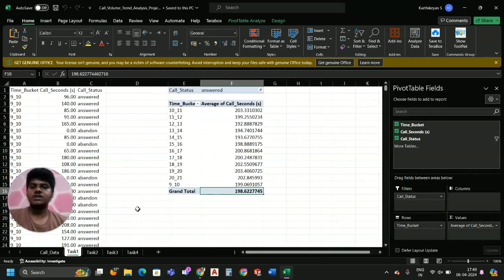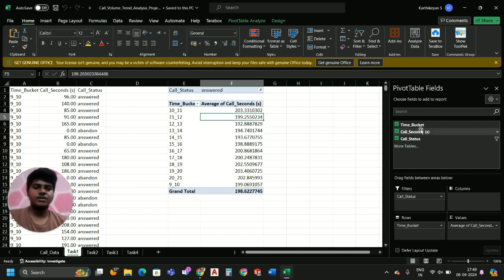So this is our first task: to note the average call duration. I have included the time bucket column and also the call seconds. Here I have also used the call status to know how many calls have been answered, and I took the average of those answered calls.